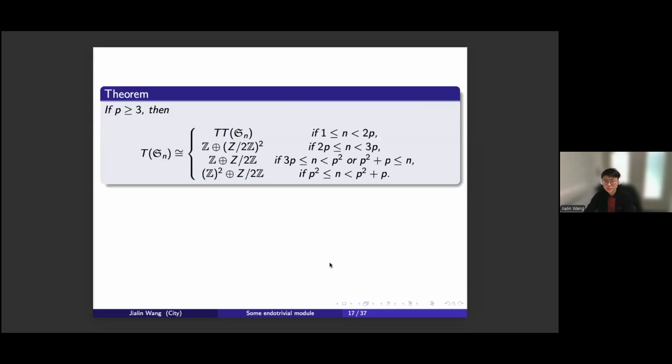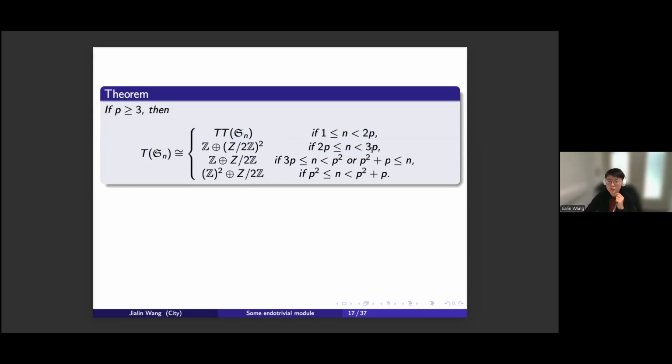Now, for the odd p case, you will have a slightly complicated description. When n is less than 2p, you don't get a torsion-free part. You only get a torsion part. We do know what this is, and they have an explicit description for this case, but I will omit it here.